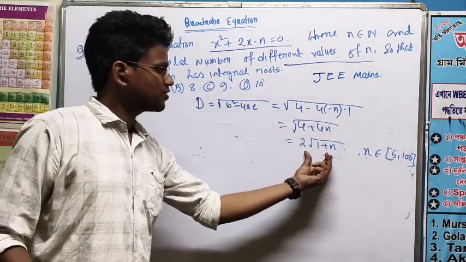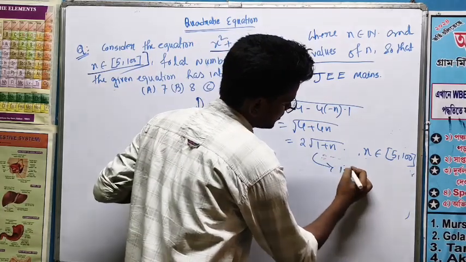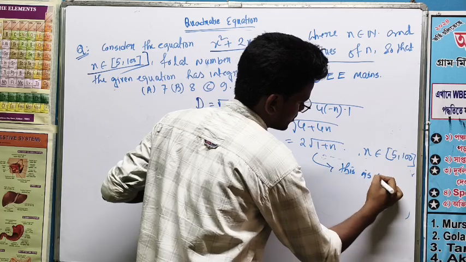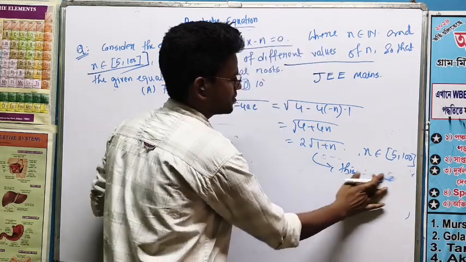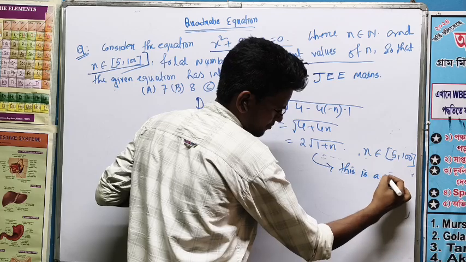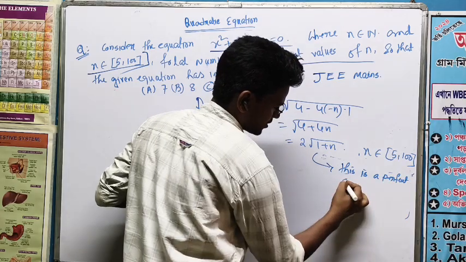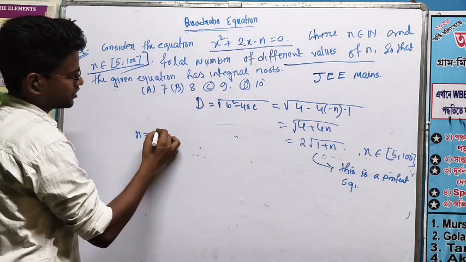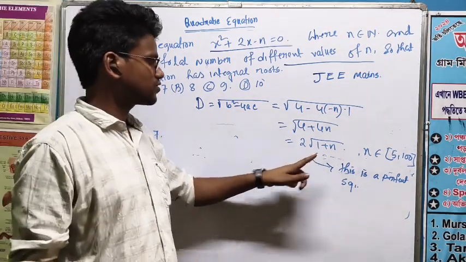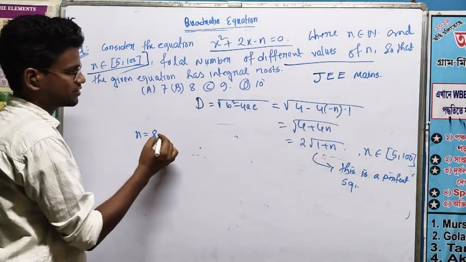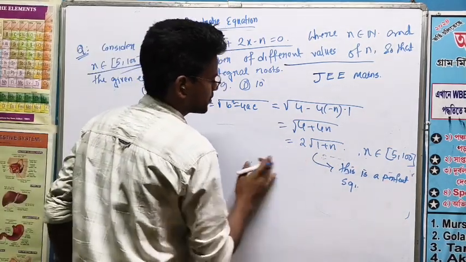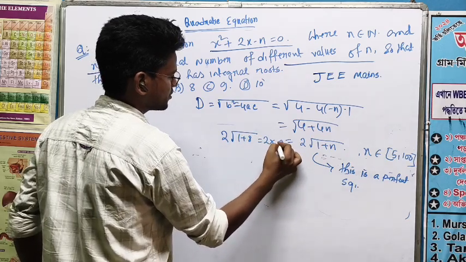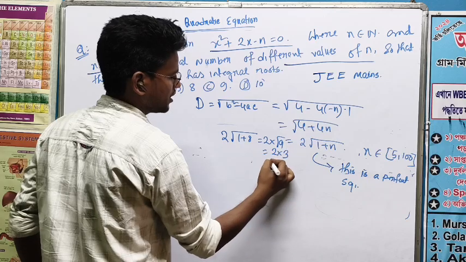Obviously this must be a perfect square. If we put n equals 8, then this is 2 into root of 1 plus 8, that means 2 into root 9, which is 2 into 3, and this is 6.